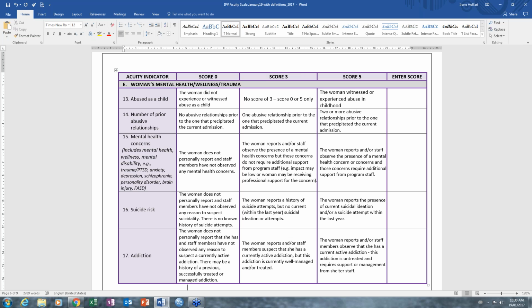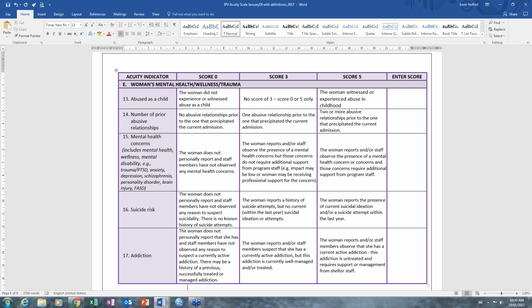But there's something present, okay? And score of 5, that there are some concerns, but they do require support. So whether or not it's your support or it's referrals and engaging other professionals, or something within a shelter that you have to do differently to support this woman, that would be a score of 5.